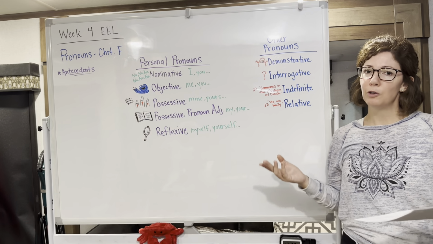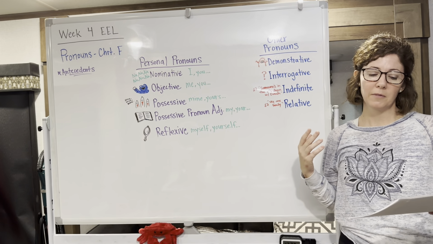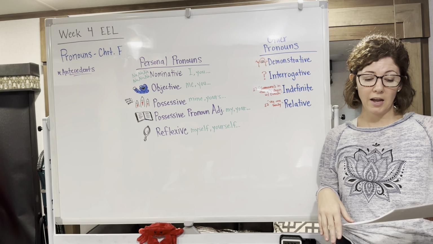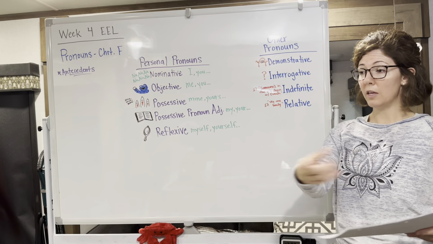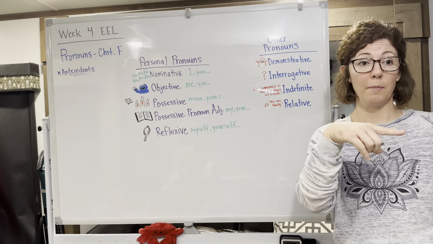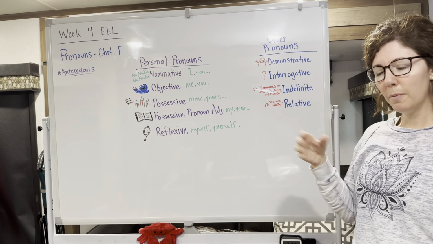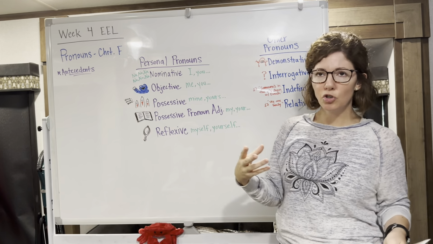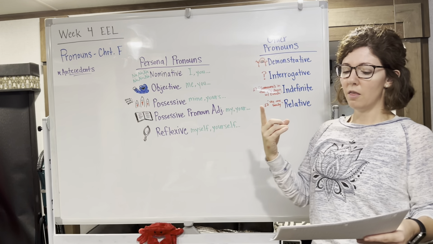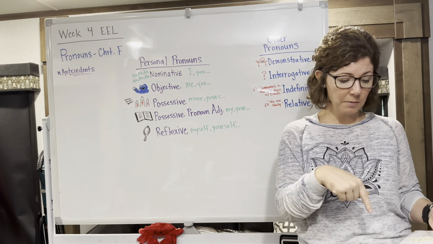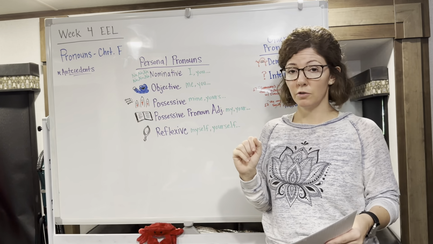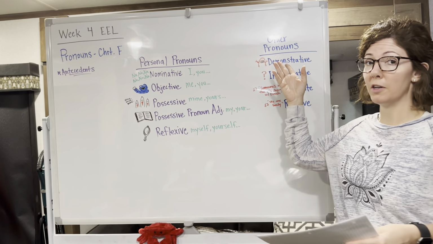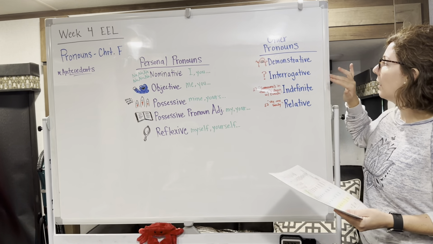If I was using my demonstrative pronouns, I could say, this is my monster, that is my monster, these are my monsters, and those are my monsters. Okay, demonstrative, our little monster guy.